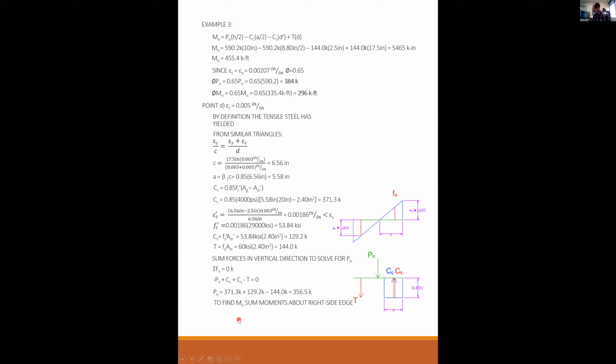To find Mn, sum the moments about the right side edge. Same equation as before, but now we plug in our most recent values: Pn times 10 minus C sub C times a over 2 minus C sub S times d prime plus T times d gives me 4726 kip-inch, or 393.8 kip-feet.